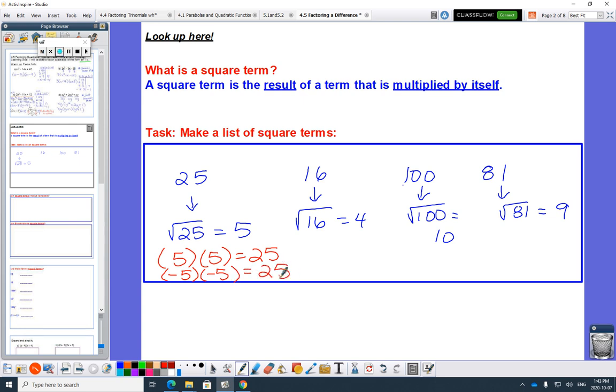Positive 25, right? So every single answer to a square root, sometimes you'll see it written like this, plus or minus. When we do the quadratic formula, the next time we come back, we're going to do that. There are plenty of cases in science and chemistry as well, where you have to consider what is the positive answer to the square root and what is the negative answer to the square root, okay?